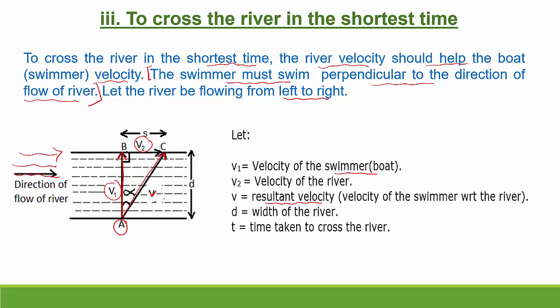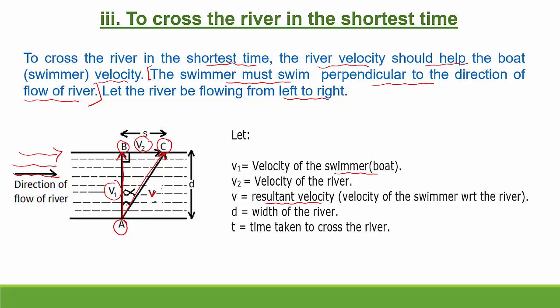So why do we have to consider this as resultant velocity? Resultant velocity means velocity of a swimmer with respect to a river. Observe here, when the swimmer is swimming perpendicular to the direction of the river, then because of this flow of the river, he is moving downstream. Instead of point B, the swimmer is going to reach the point C, because of flow of river.